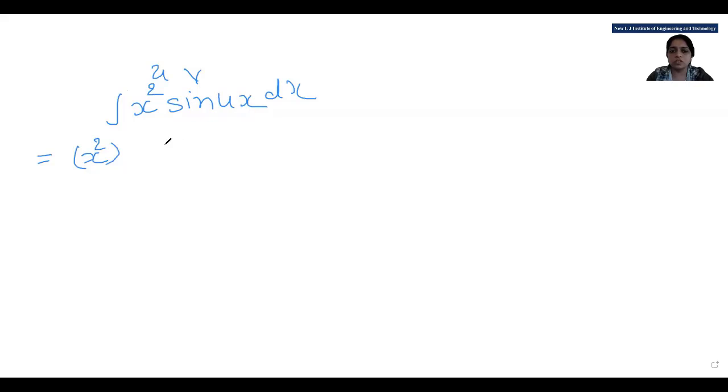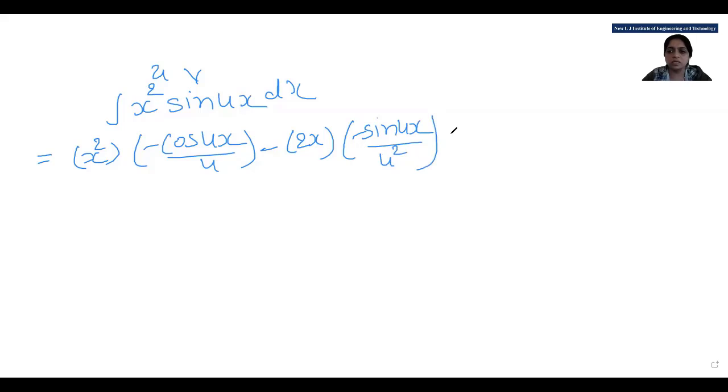The integration of sine 4x is minus cos 4x upon 4. Then minus 2x times minus sine 4x upon 4 square, that is 16. Then plus 2 into cos 4x upon 4 cube.